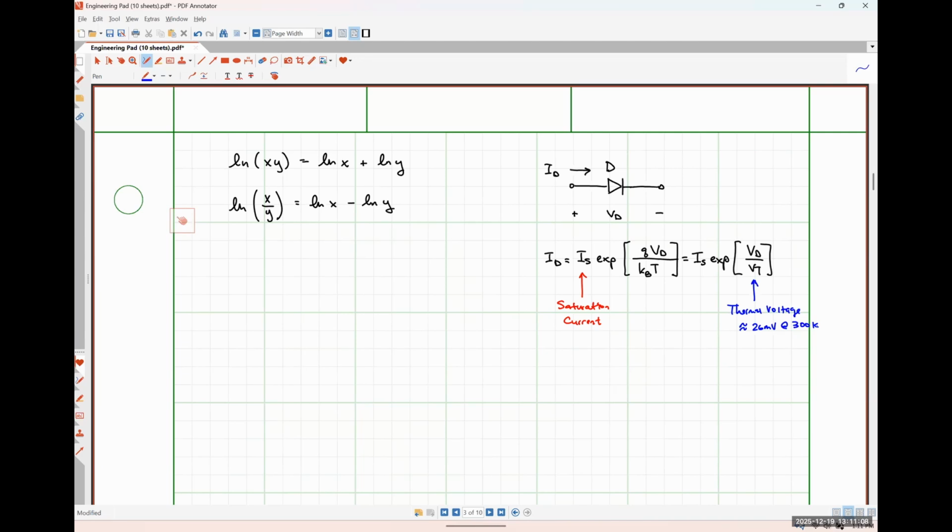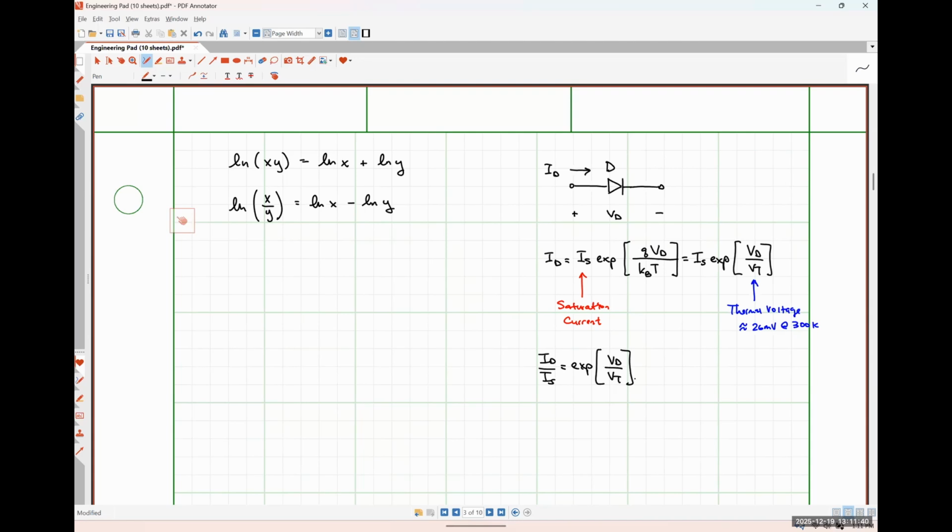For what it's worth, we can rearrange this expression, I believe, pretty easily and find VD as a function of our diode current as well. And we're going to use both of those relationships, right? So if I were to divide both sides of this equation, so let me do that over here, I would have ID over IS is equal to the exponential of VD over VT.